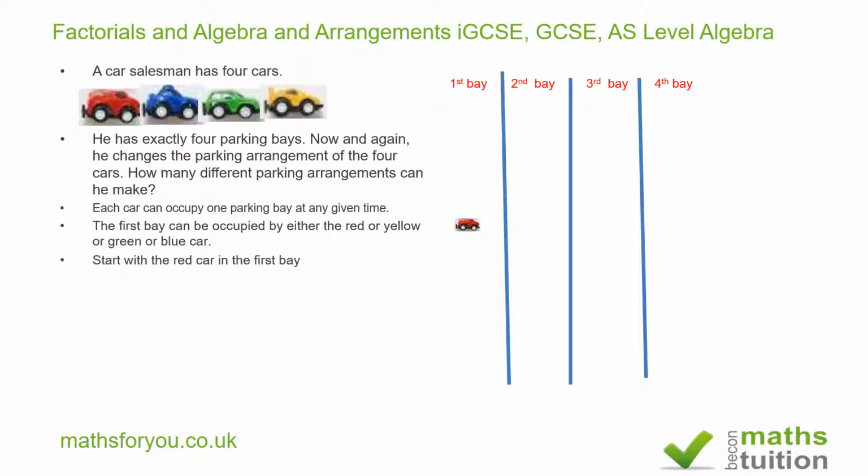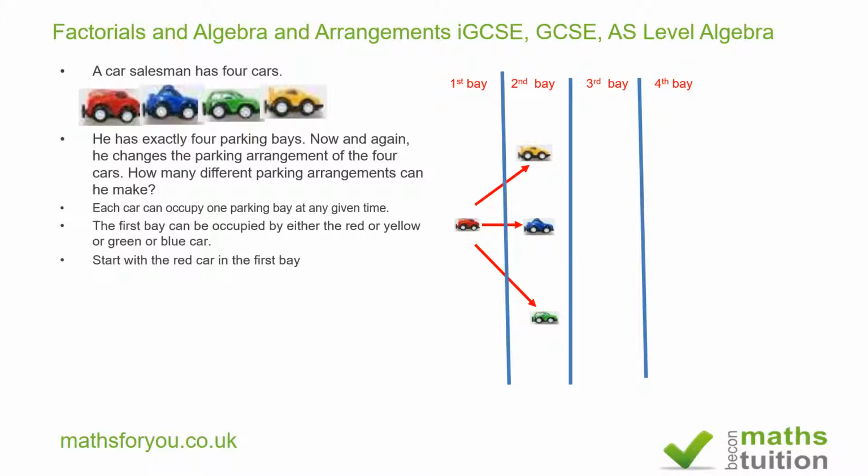Now, because I've parked my red car in the first bay, I have the choice of only 3 cars. Don't forget, we have to treat each car individually. Next to my red car can be either a yellow car, a blue car, or a green car.